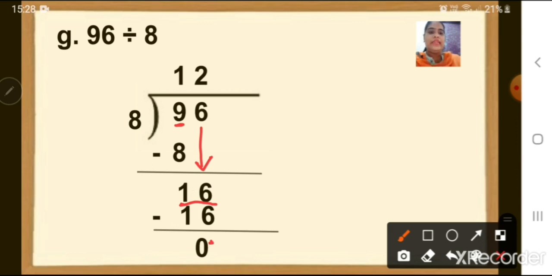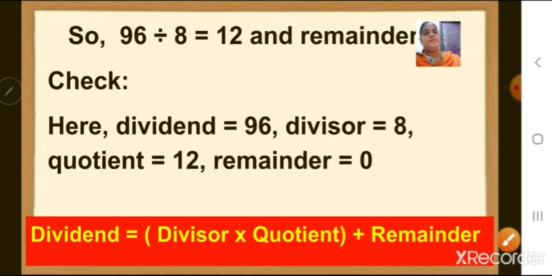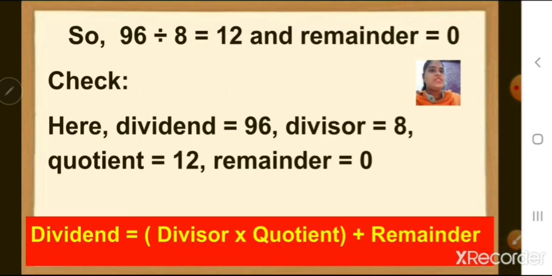So our remainder is 0 and our quotient is 12. Got it children? Next we will write the answer. 96 divided by 8 is equal to 12 and remainder is equal to 0.